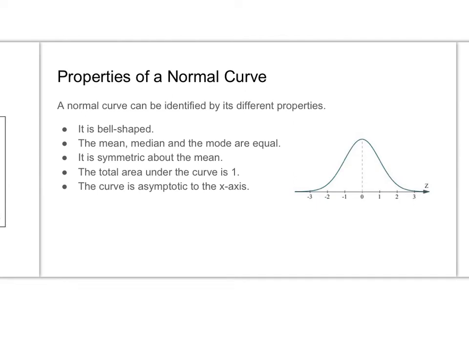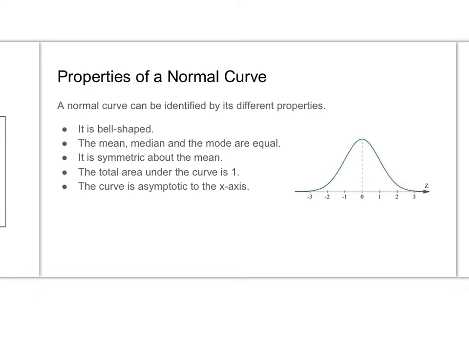These are the properties of a normal curve. The curve has a bell shape. The mean, the median, and the mode are all equal. It is symmetric about the mean. Again, if we cut the graph at its center, then the left side in terms of area is equal to the other side.